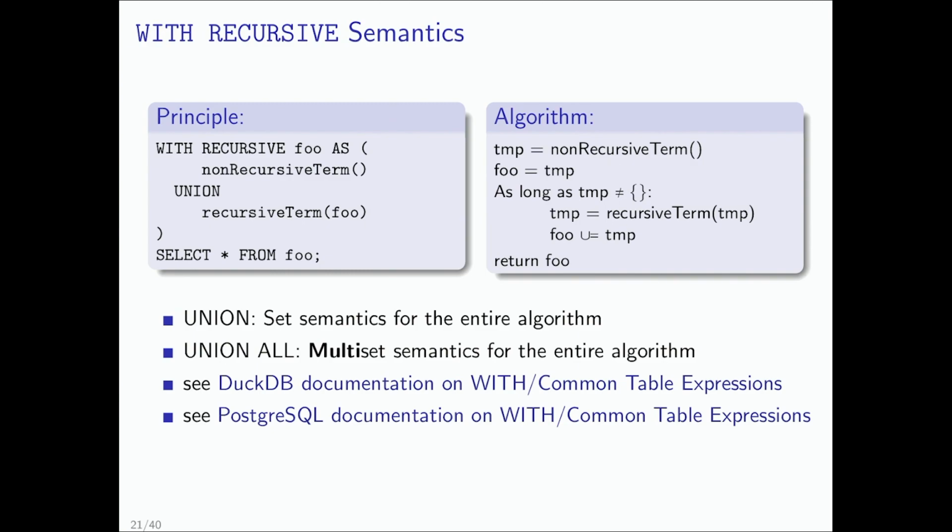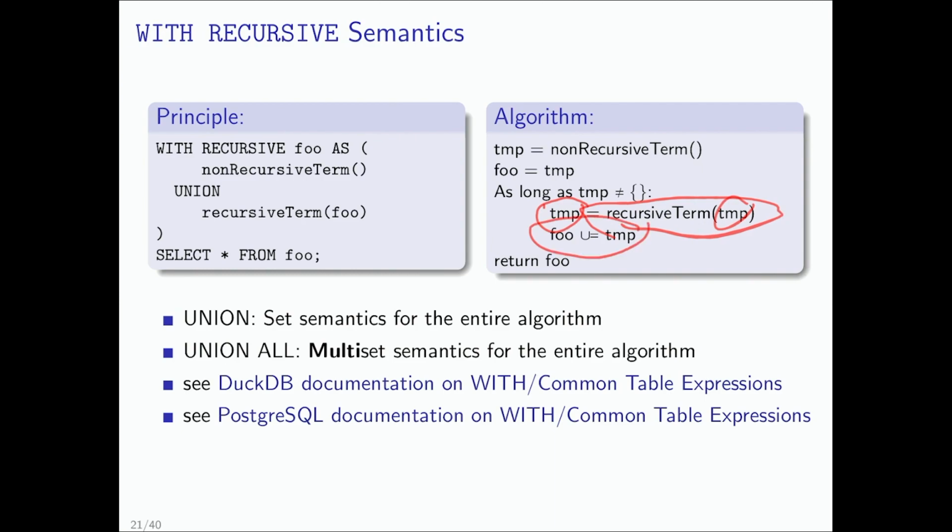And then you run a loop, yeah? And the loop will continue as long as this temporary set contains some data. So as long as the temporary set is not equal to the empty set, then you will call the recursive term on temp as a parameter, and whatever is returned will be appended to foo.